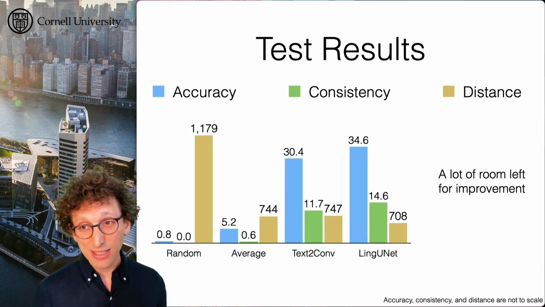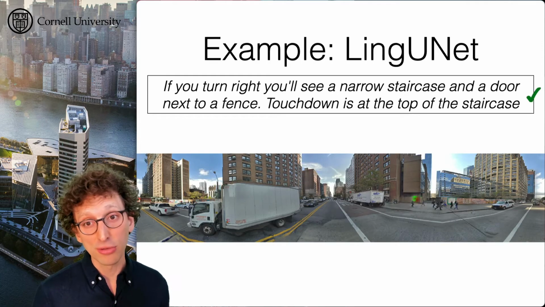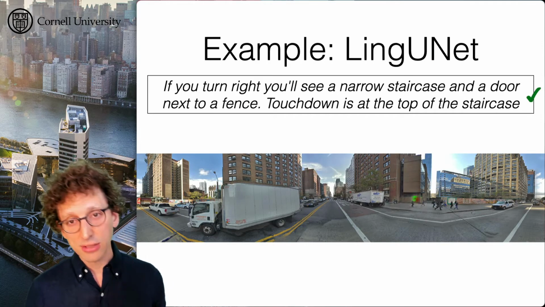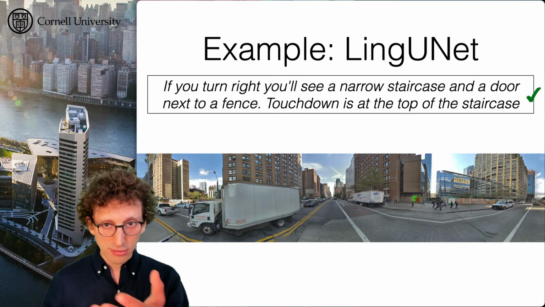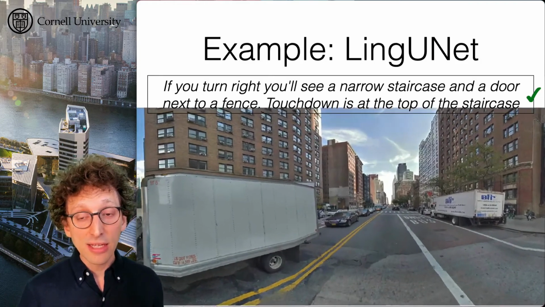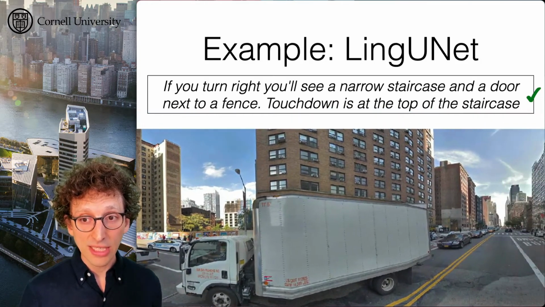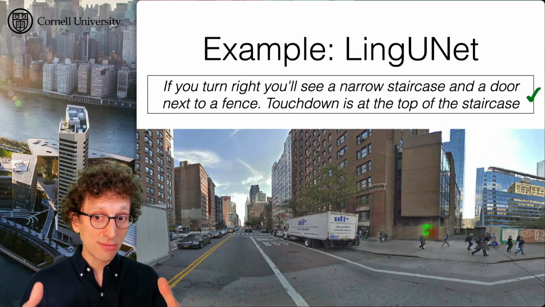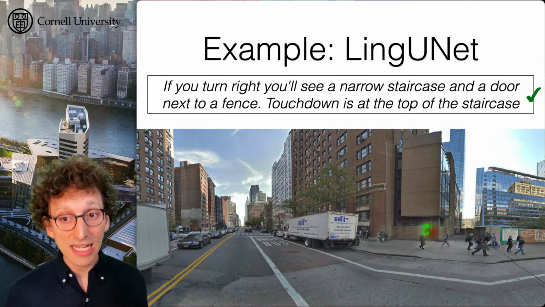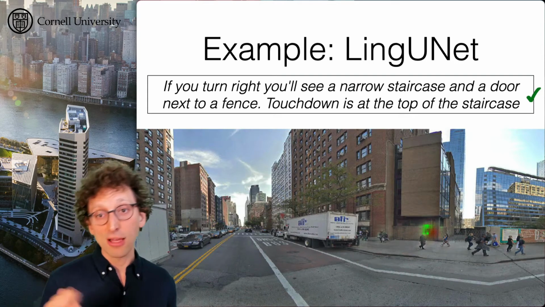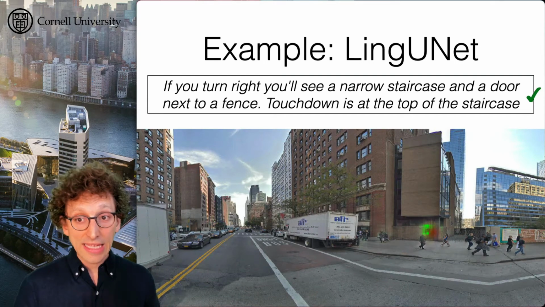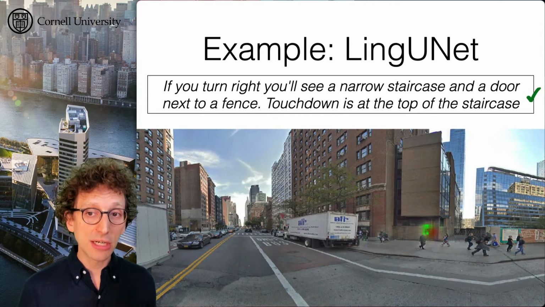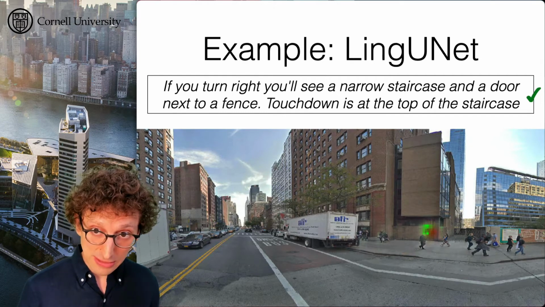Just to give you an idea of the kind of thing that the LingoUNet model solves well: given a phrase where Touchdown is on top of the staircase, LingoUNet is able to solve it correctly. We can see that it's able to identify the staircase and locate Touchdown on top of it. In this environment, there are no other visible staircases, so the ambiguity is relatively limited.